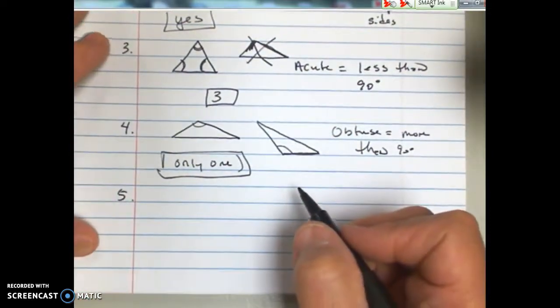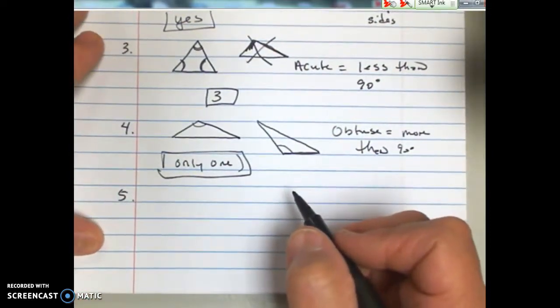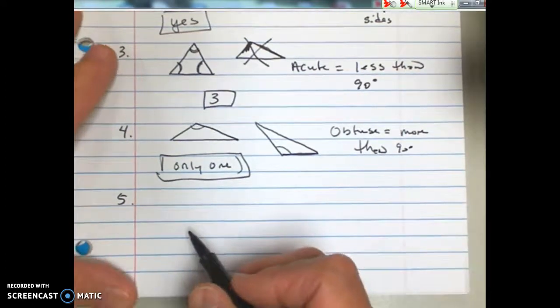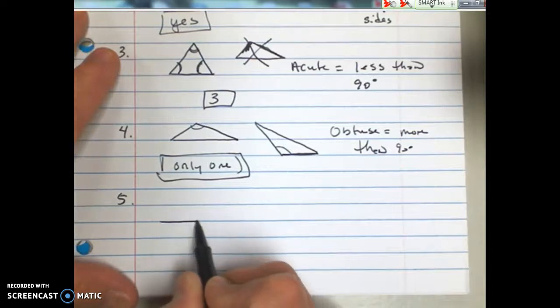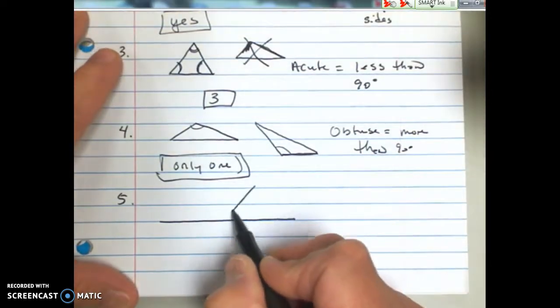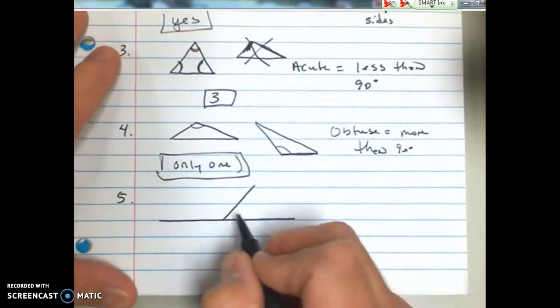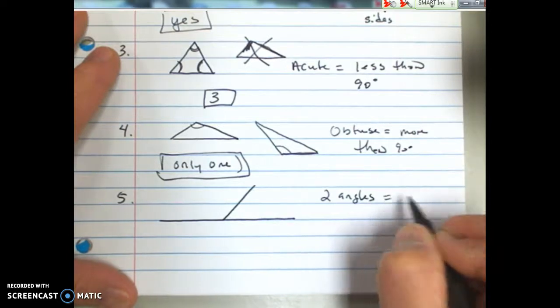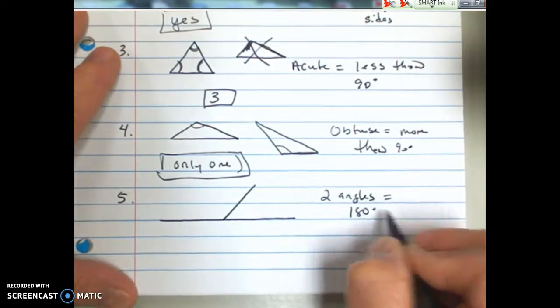Number 5, what is the relationship between two supplementary angles? So we have to draw an example of supplementary angles. So we have a straight angle, and supplementary angles are two angles that equal 180 degrees.